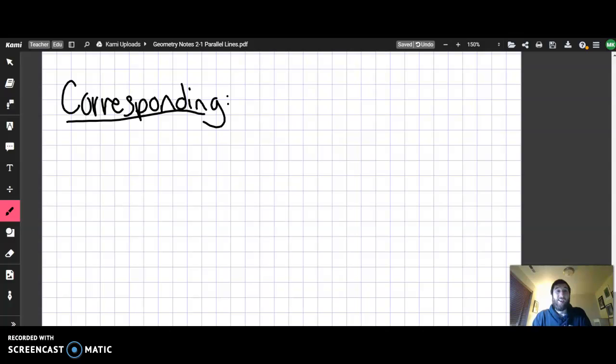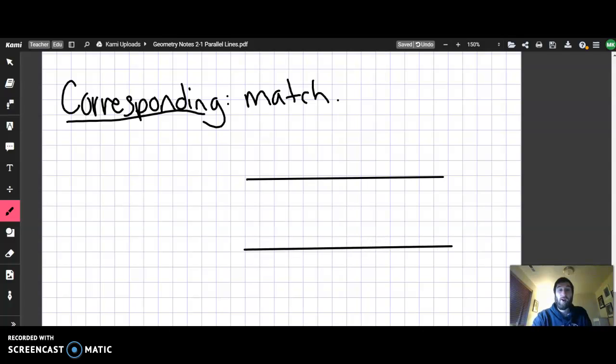It's going to come up in a couple of different contexts because we're going to be matching things a lot. But the word corresponding just means to match. And so when we talk about corresponding angles in reference to parallel lines, it means that we're talking about matching angles on our parallel lines.